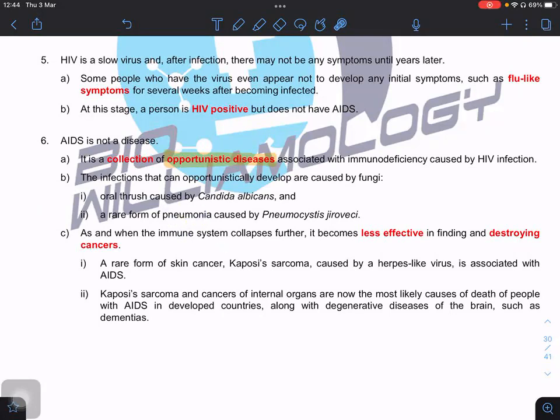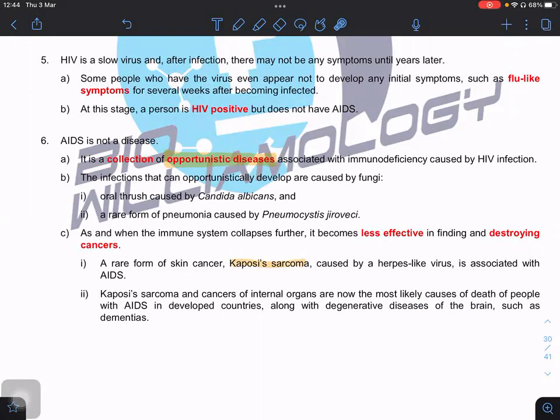As the immune system collapses further, it is less effective in finding and destroying cancer, so we have a rare form of cancer, Kaposi sarcoma. Cancers of internal organs are now the most likely cause of death of people with AIDS in developed countries. Degenerative diseases like brain disease and dementia also occur.